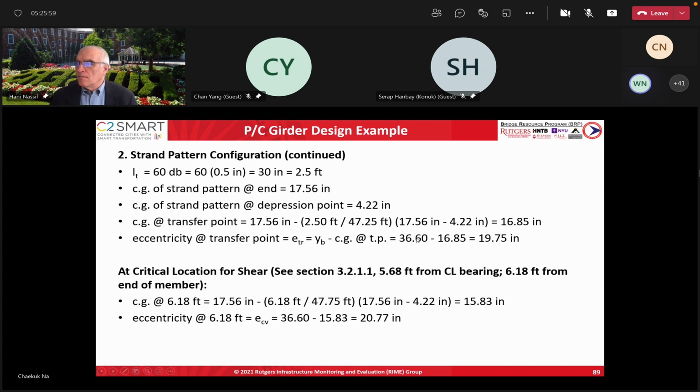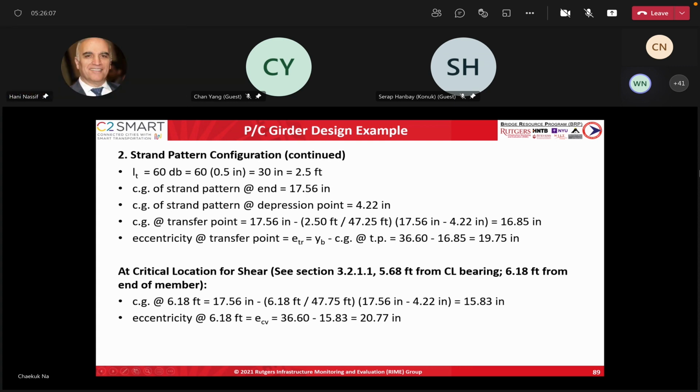Okay, so here, as Dr. Nassif mentioned, the center of gravity is found mainly at midspan, at the support and at the depression point, because these are critical points. Also, the center of gravity can be found at the transfer point.